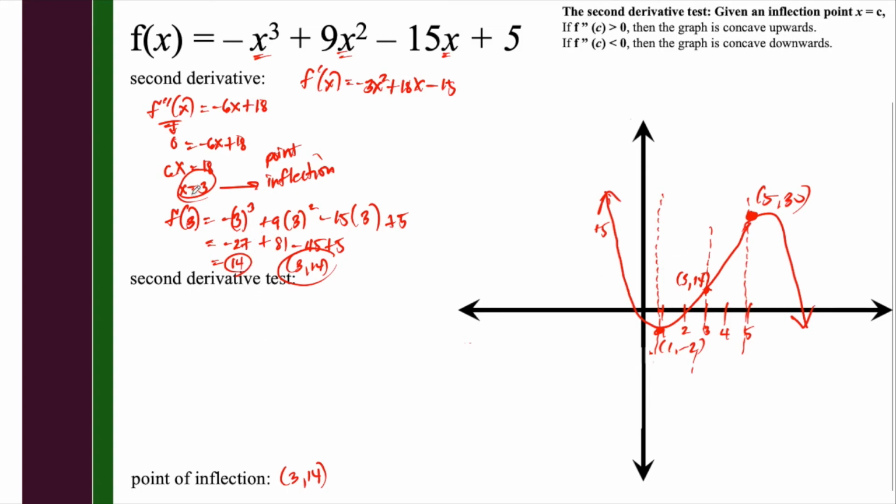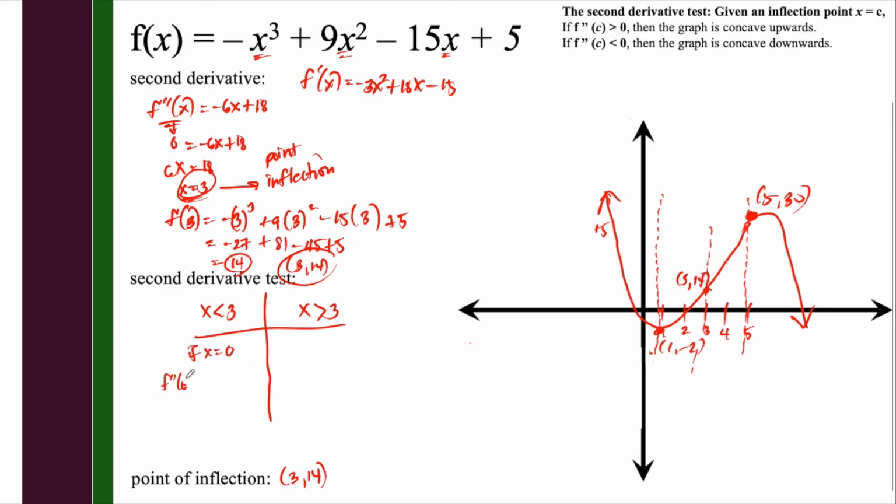Okay, the second derivative test will partition the graph into two parts in which the division is 3. So we're going to get the second derivative of those on the left of 3 and those on the right of 3, meaning the values less than 3 and greater than 3. So let's substitute some values of x which is less than 3 on the second derivative. Let's take 0.